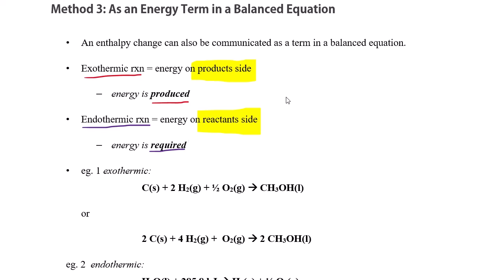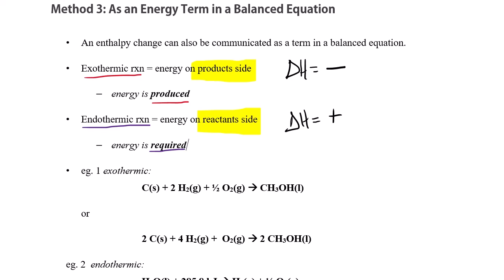You can look at the sign of the enthalpy term. So if you're given the enthalpy written outside of the reaction, or you're given the molar enthalpy, you can look at the sign of it. If the enthalpy is negative, that means that it's an exothermic reaction. If the enthalpy is positive, that means that it's an endothermic reaction. And that's how you can tell which side it's going to go on.